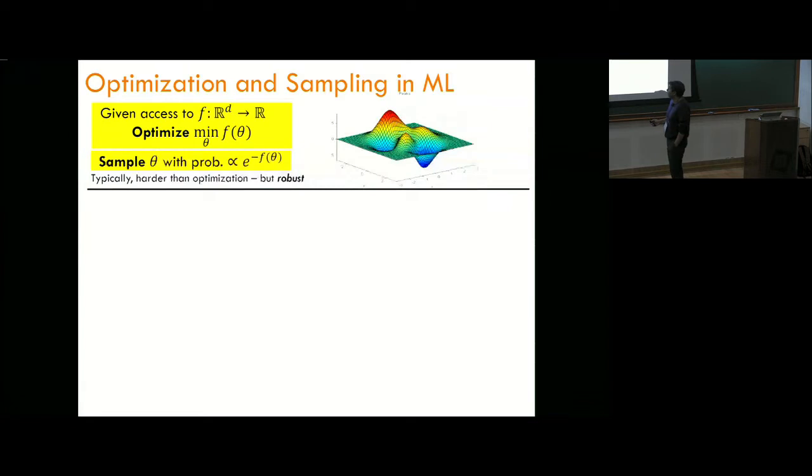And if it were up to many people who are doing deep learning today, they would be sampling, but this turns out to be a harder task. And this is what you end up doing when you're training a deep network or something like that. But I'm going to focus on both of these problems today. The first part of the talk, and the bigger part of the talk, would be about this.